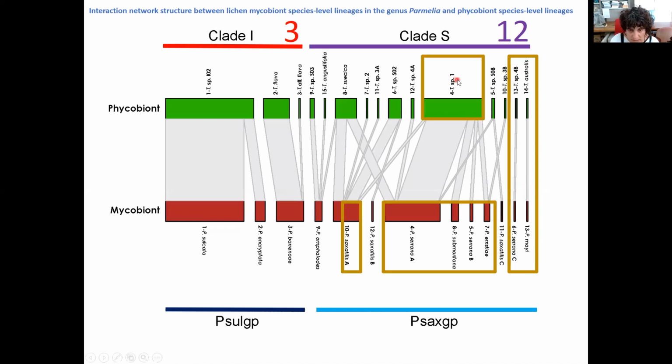For example, Trebouxia sp1 accepts 5 fungal species-level lineages, but prefers Parmelia serrana A. This could be due to the fact that the joint dispersal that occurs in asexual reproduction does not imply the maintenance of the same species of microalgae, but once established, the mycobiont can associate with other phycobiont species.